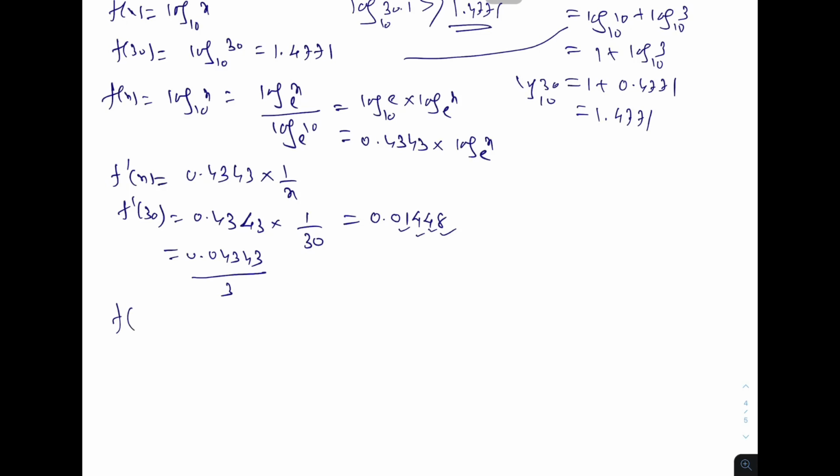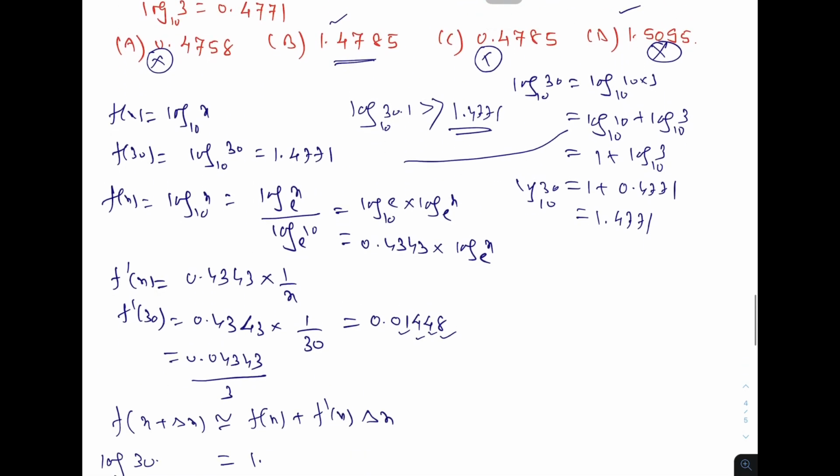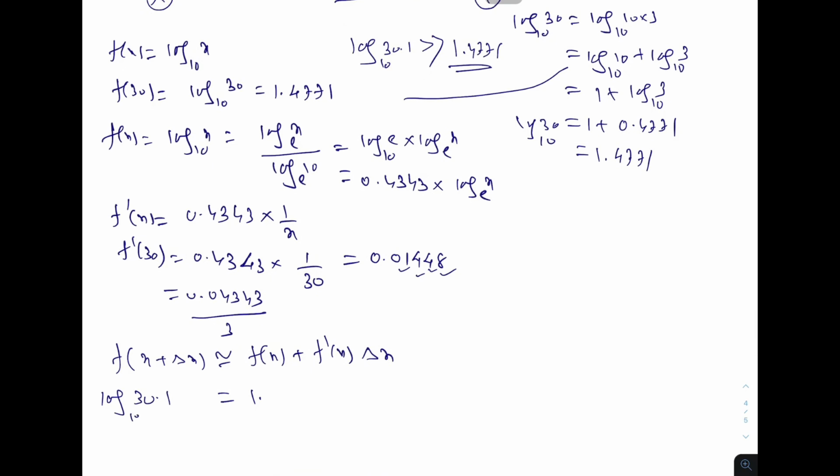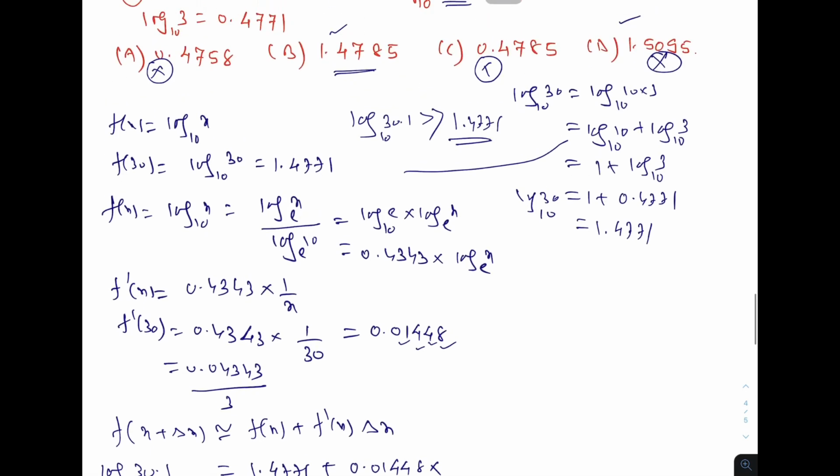And therefore f of x plus delta x is approximately f(x) plus f dash x delta x. So this is log of 30.1 base 10, which is 1.4771 plus f dash x, which is 0.01448, into delta x.